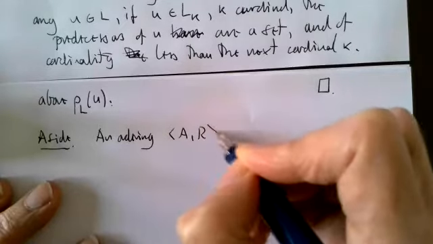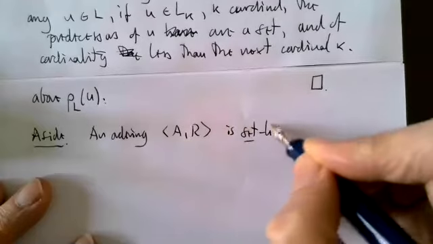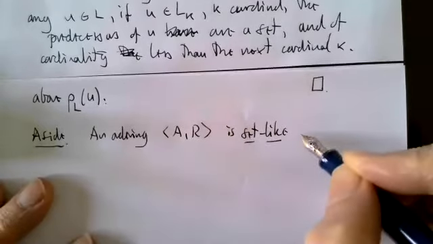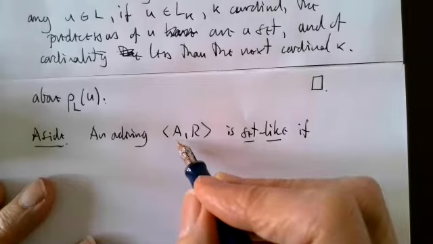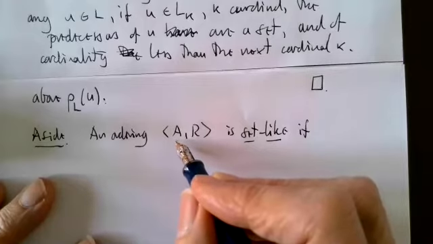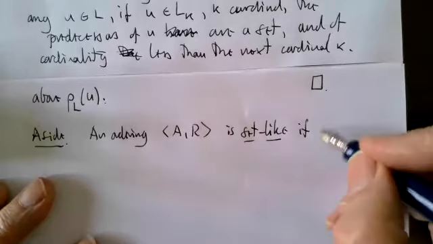So an ordering A R here is set-like if, looking at any element of A, its R predecessors form a set.